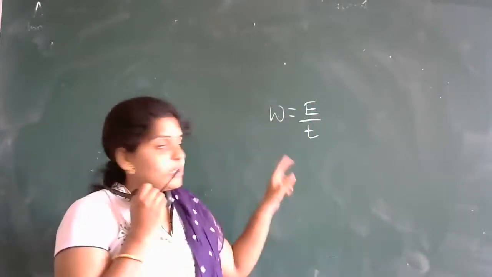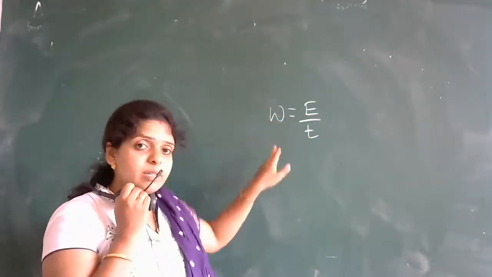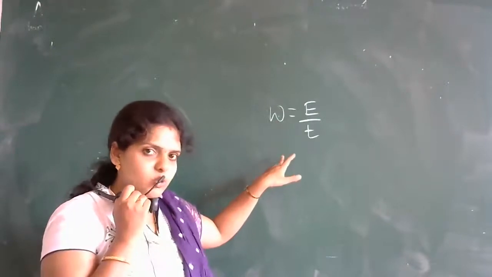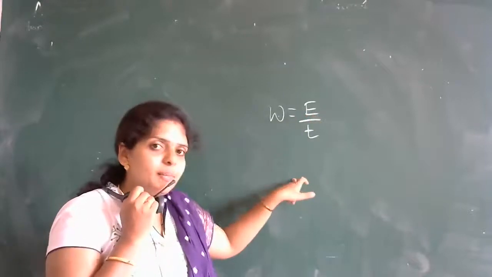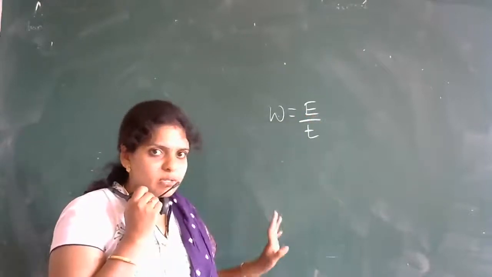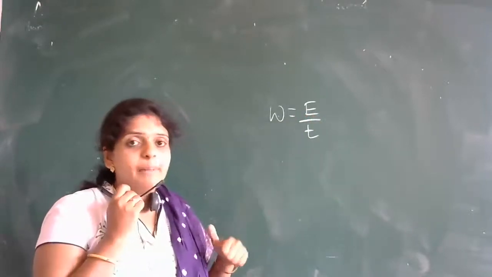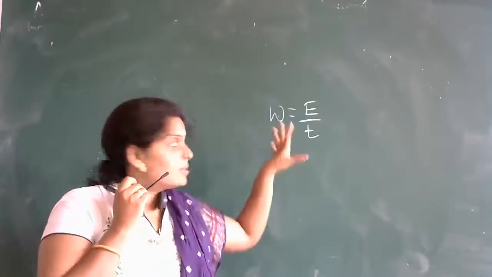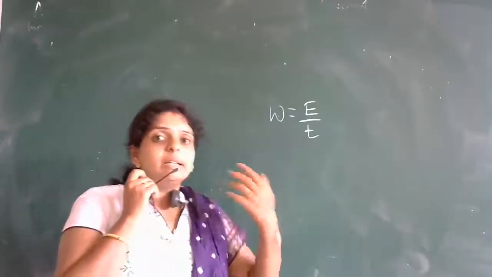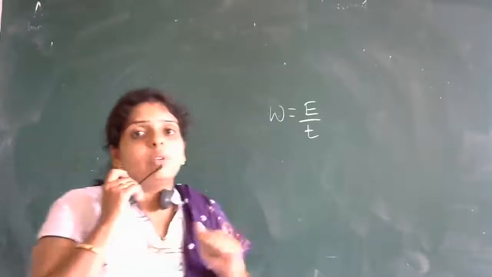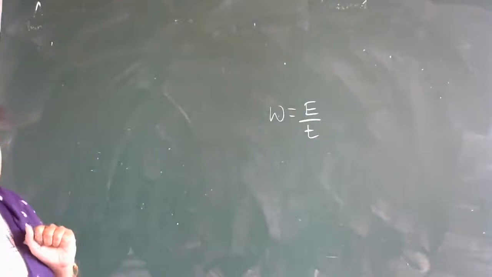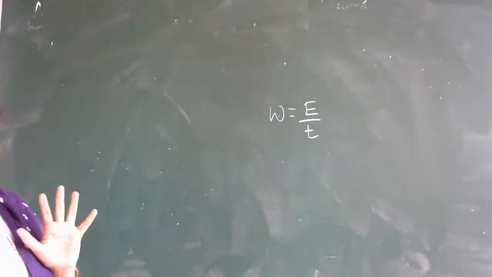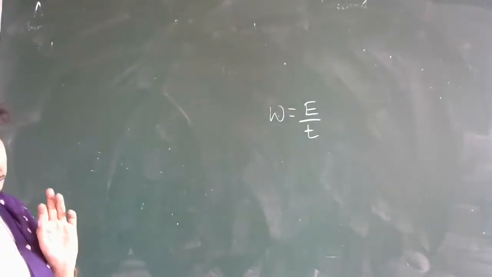What is the dimension formula for work? M L raised to 2, T raised to minus 2. What is the dimension formula for energy? M L raised to 2, T raised to minus 2. Correct? So here what happens, if the student writes the dimension formula, it is difficult to understand which quantity it is. That we cannot understand by using dimension analysis method.